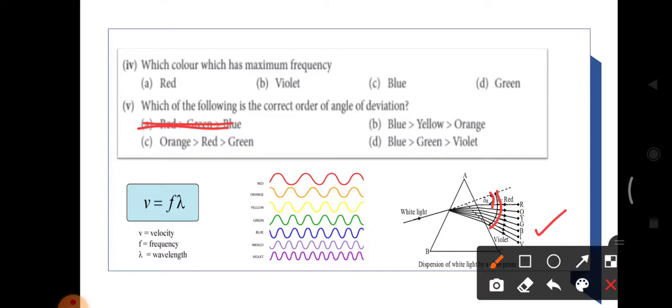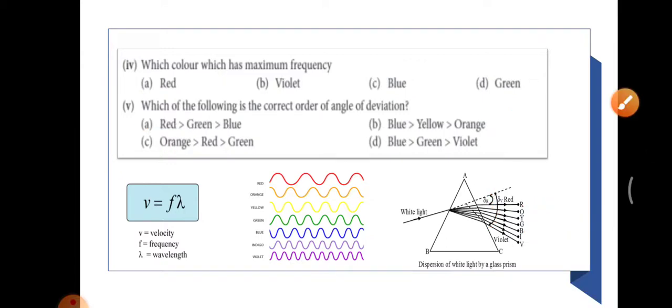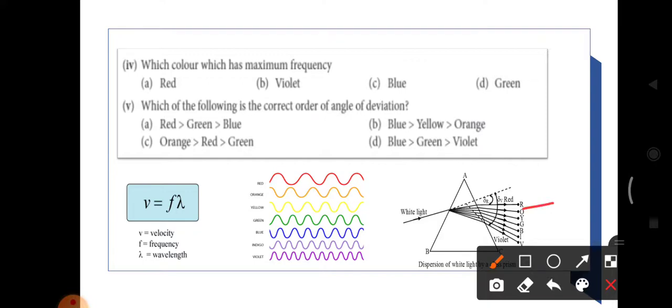And the second one, they gave blue, yellow, orange. So this may be correct. We will check option C and D. Orange maximum, then red. So this is wrong, not in a proper order.